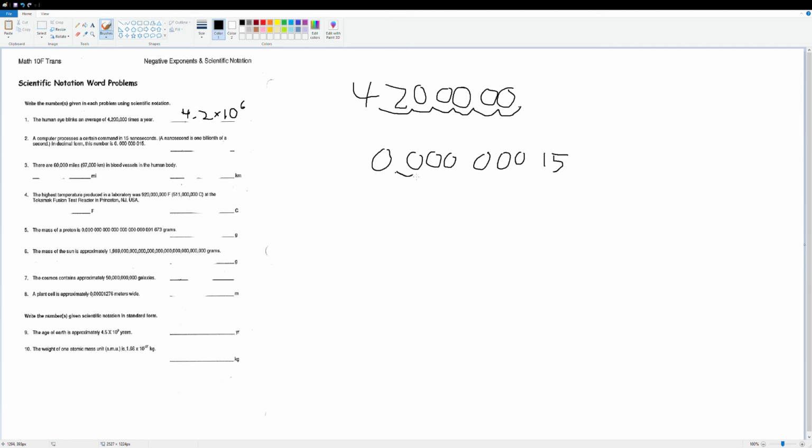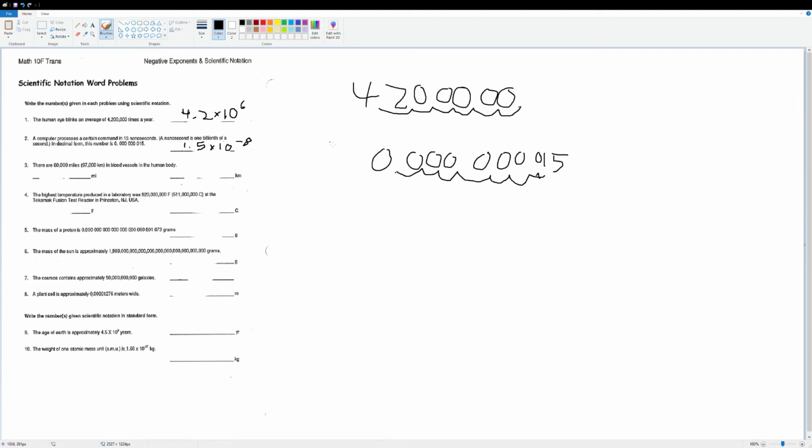We're going to move it once, twice, 3 times, 4 times, 5 times, 6 times, and 7 times. And I seem to have missed a number, so it's actually 8 times. So we'll simply write that now as 1.5 times 10 to the negative, because it's a small number, -8. We can move on to another one.